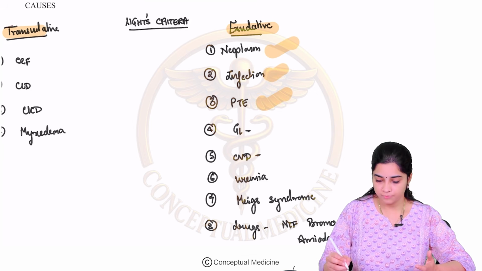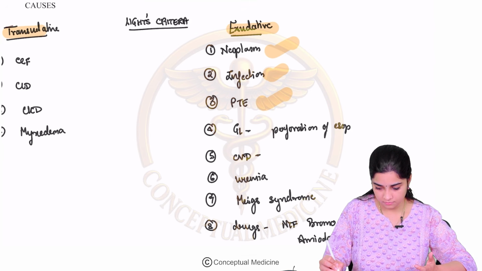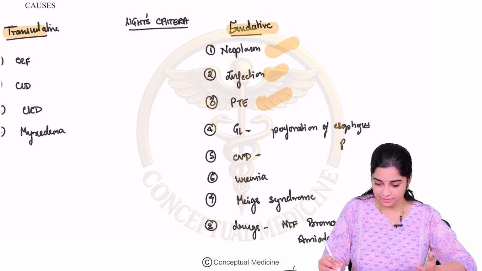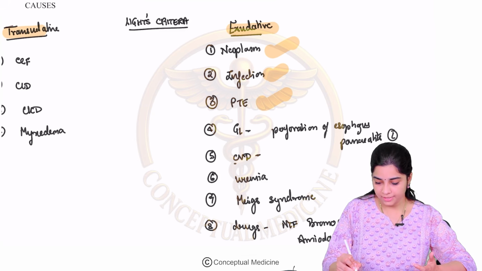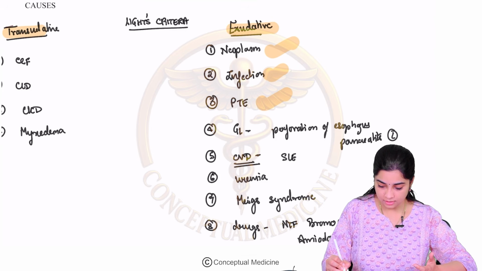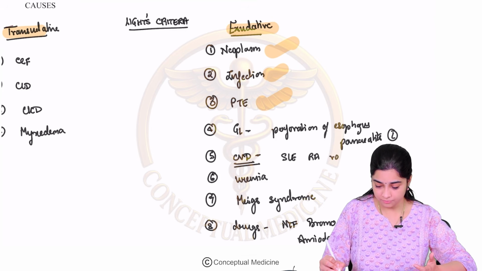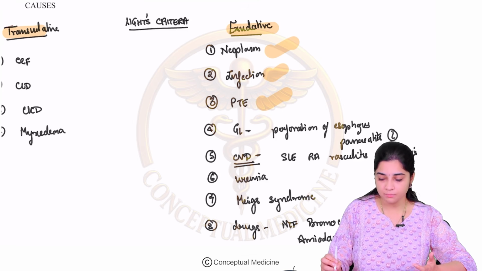GI causes, which can include a perforation of the esophagus, pancreatitis. Pancreatitis predominantly causes left-sided pleural effusion. Then we have connective tissue disorders like SLE, RA, certain forms of vasculitis, sarcoidosis, then uremia.